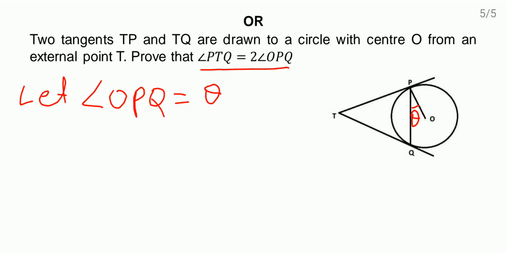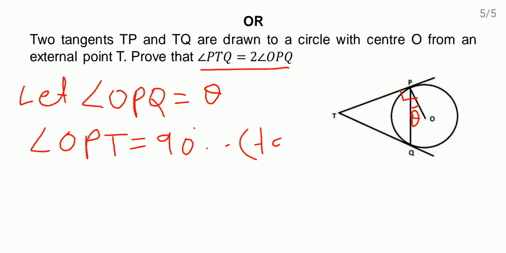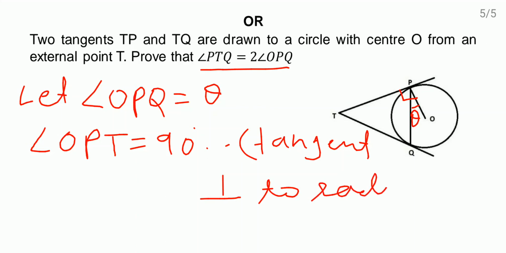Now this angle here, OPT, is equal to 90 degrees. Reason is what? Tangent is perpendicular to the radius. So here, tangent is perpendicular to radius. This is the reason.